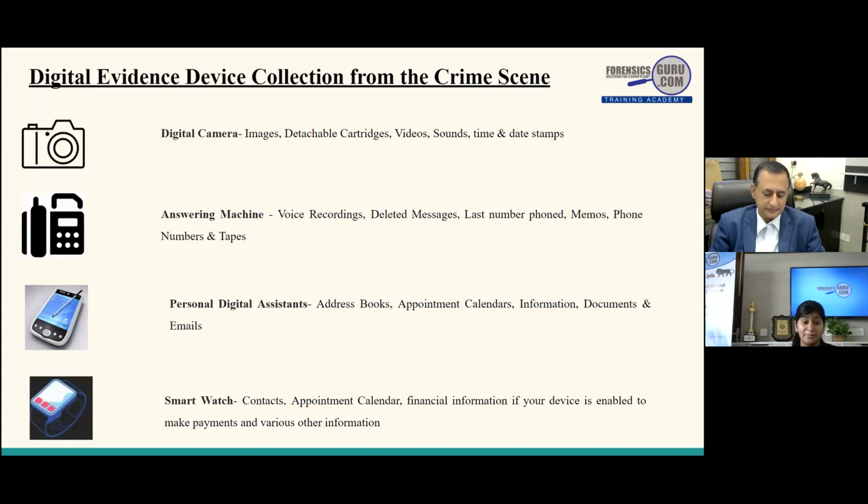And each evidence device contains a different kind of digital data.